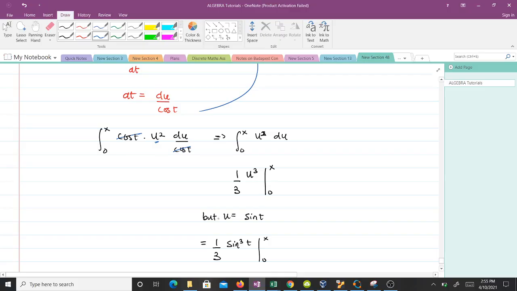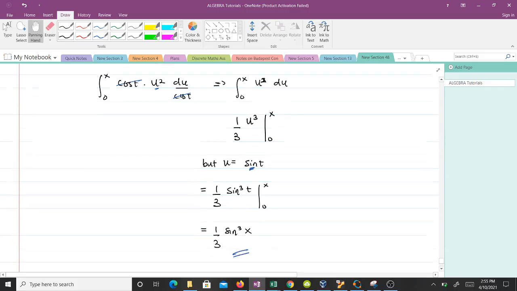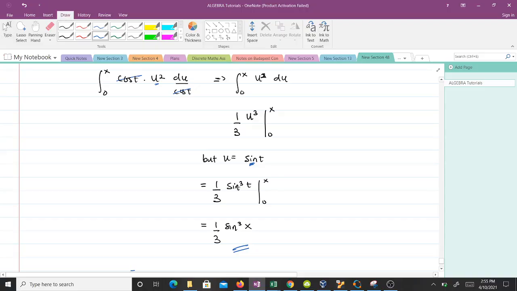But u was given to what? Sine t. So that means we'll have 1 over 3 sine cube t from 0 to what? X. Right? Then when we put in our limit of integration, we're going to get 1 over 3 sine cube x. So that's for the first part.